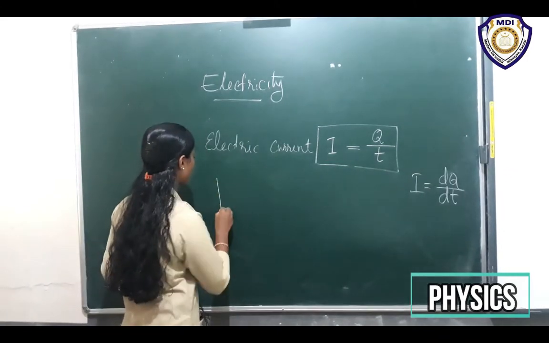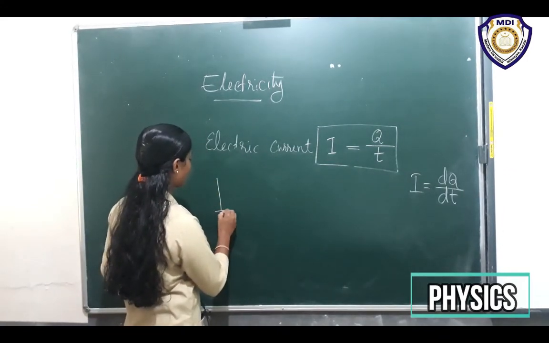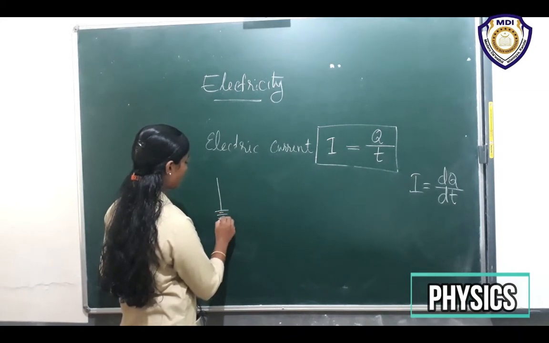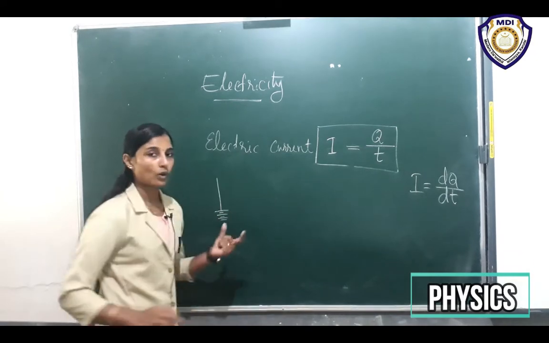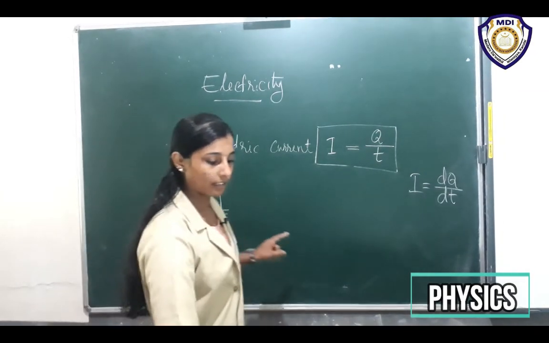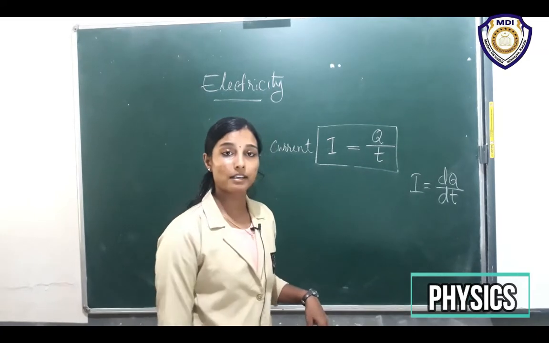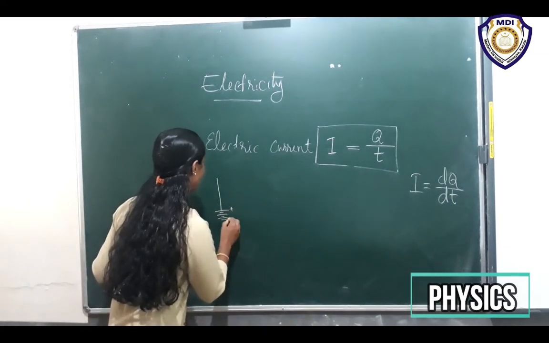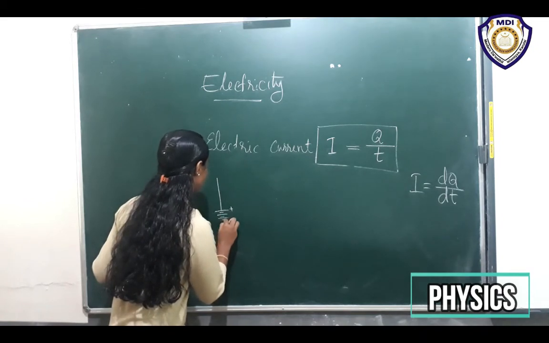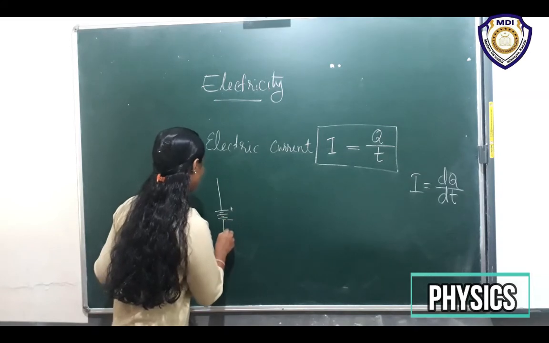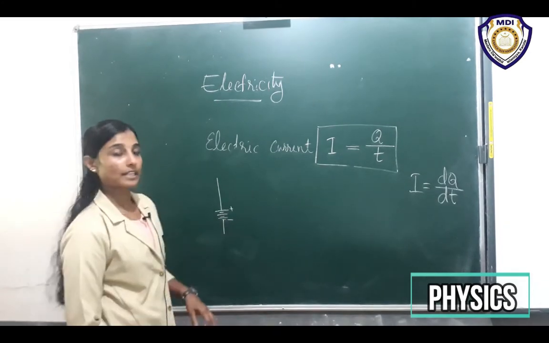A circuit diagram constitutes a cell or a battery. Okay, so this is a cell, and you know the lengthy part represents what? The lengthy part represents the positive terminal. Okay, so this is the positive terminal, and this small portion constitutes the negative terminal.